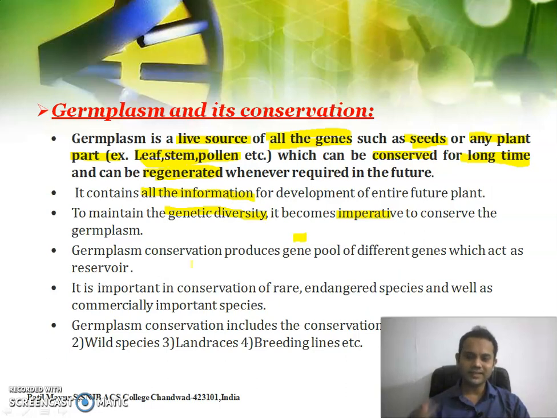Now, germplasm conservation includes the conservation of cultivated species, wild species, different land races or breeding lines. These are the different types of plants for which the conservation strategy is applied.